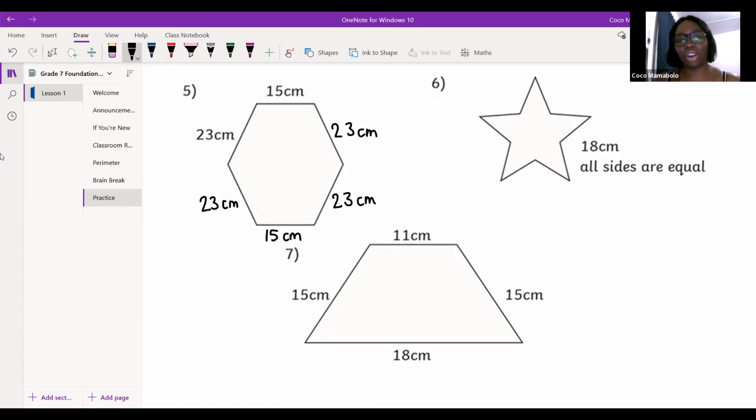All right, excellent. Okay, so can I ask you guys to calculate the perimeter for me? Let's calculate the perimeter of 5. Think about what we looked at when we were looking at 5 and look at the information they've given you in 6 and see if you guys can figure it out. Mbali, don't put that hand down.